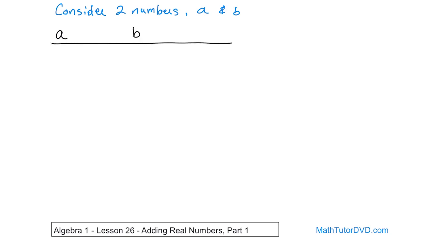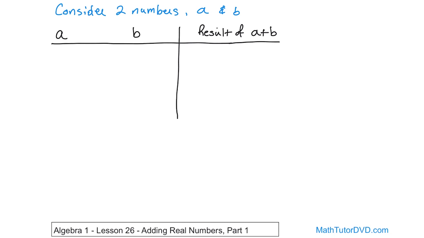What if A is positive and B is negative, for instance? What if A is positive and B is positive? What's going to happen? So let's figure out what happens to the result of A plus B, because that's what we're trying to do, is learn how to add these numbers together. So we're going to construct this little table, and then we will figure out how to use it to solve problems.